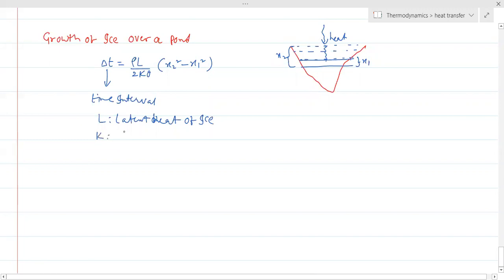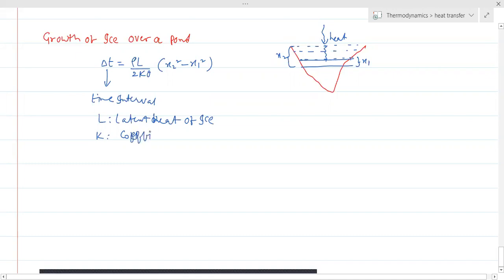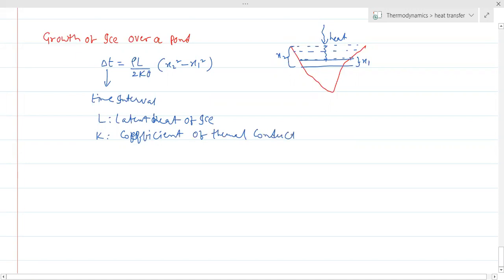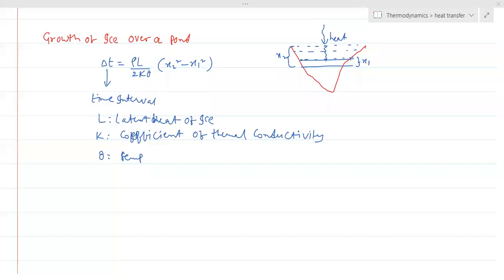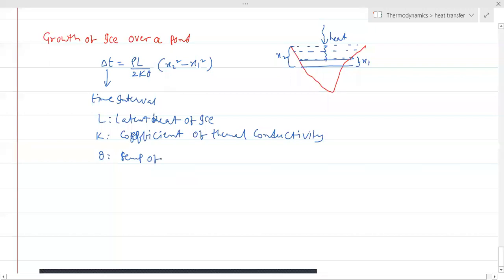and K is the coefficient of thermal conductivity, and theta is the temperature of atmosphere.